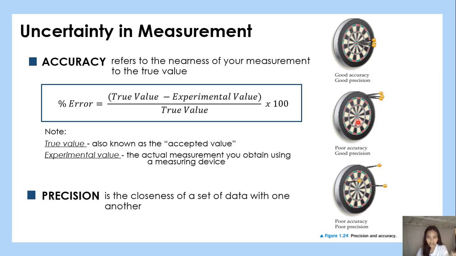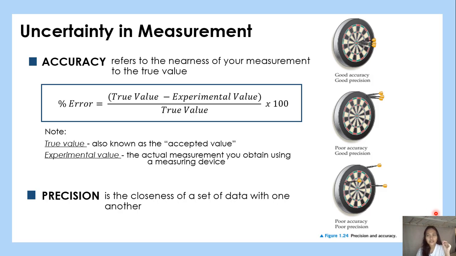On the last picture, this depicts poor accuracy and poor precision, because first they are away from each other, so they have poor precision, and they're also far from the center of the dart, which is the true value. So they are not accurate.